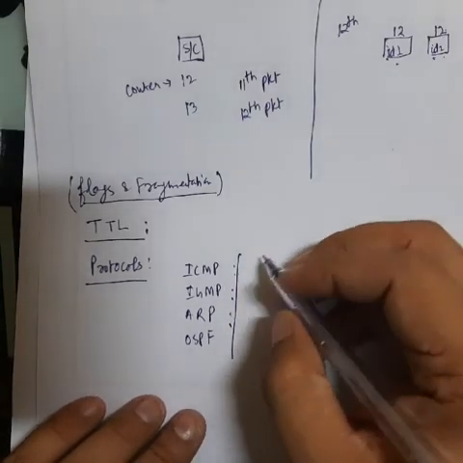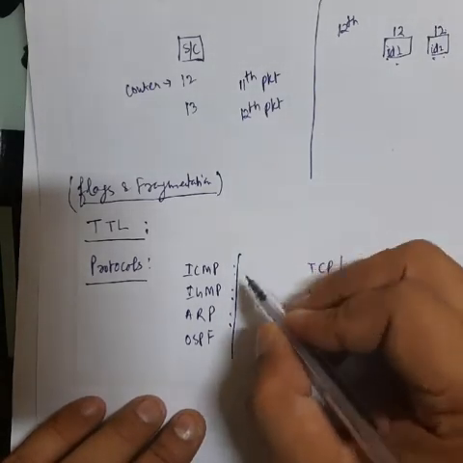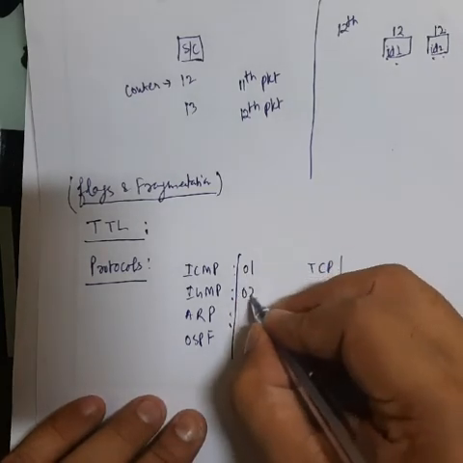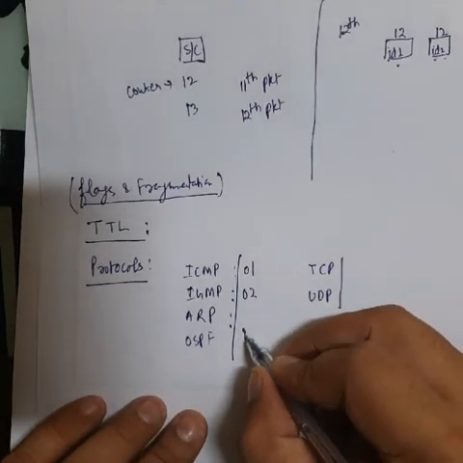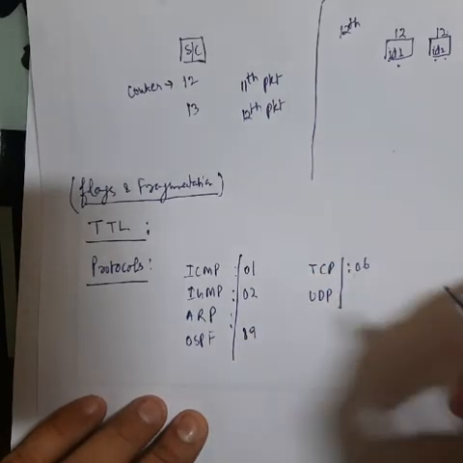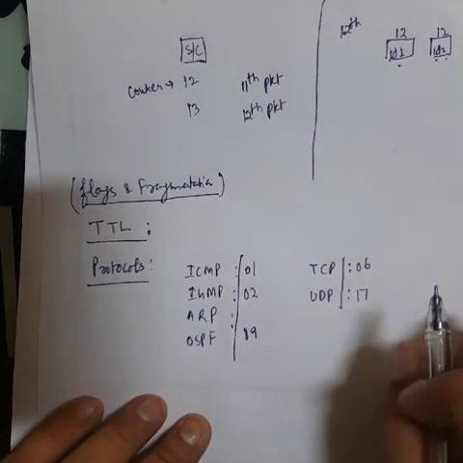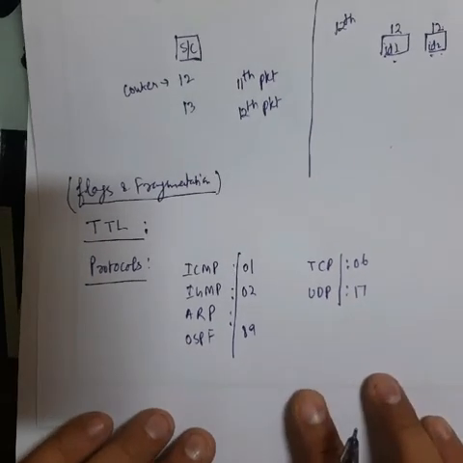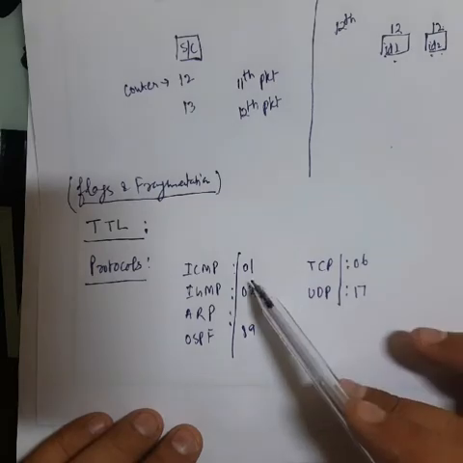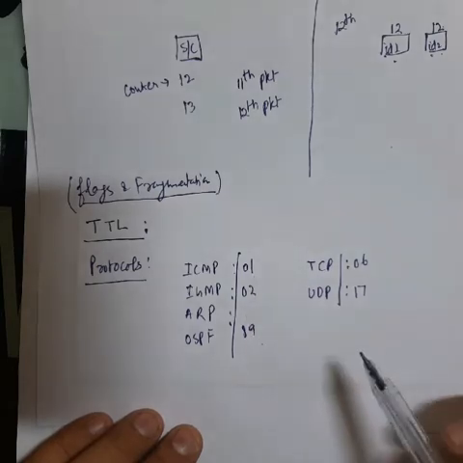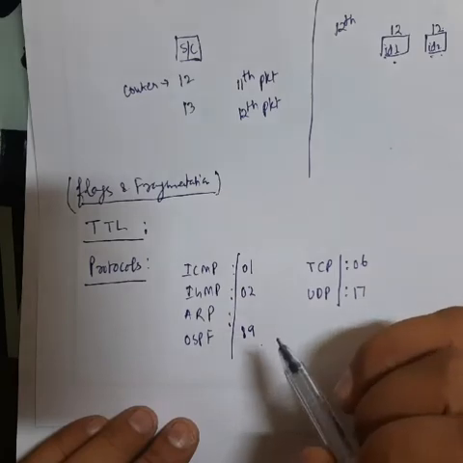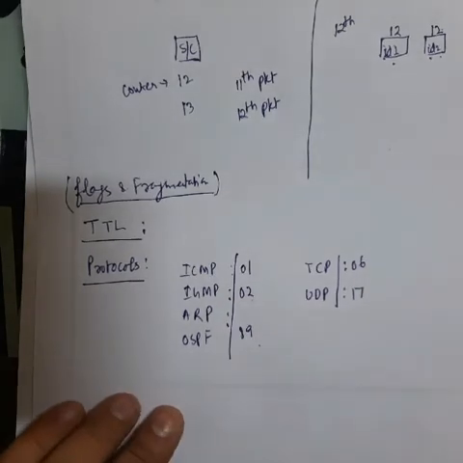ICMP uses the value 01, IGMP uses 02, OSPF sometimes uses 89, TCP uses 06, and UDP uses 17. So for various types of protocols, we look at this value and can conclude which type of service is used with this IP datagram.